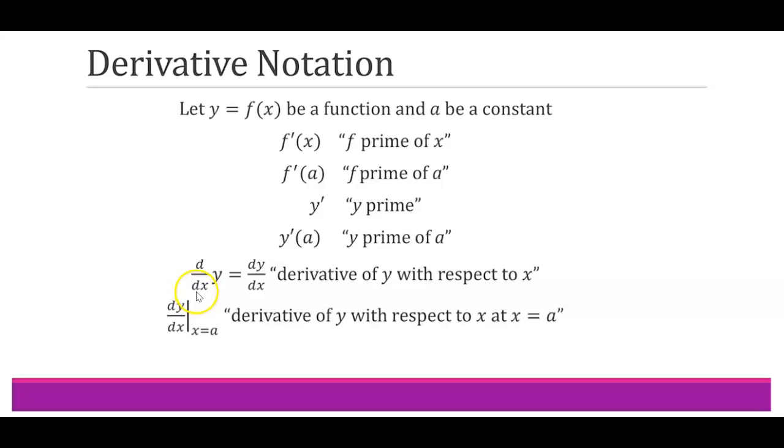And then what's on the bottom here, this dx, is telling us treat x as the variable, so we say with respect to x. So take the derivative of y with respect to x. You might hear it as d dx of y. This is the formal way to say it, the derivative of y with respect to x.